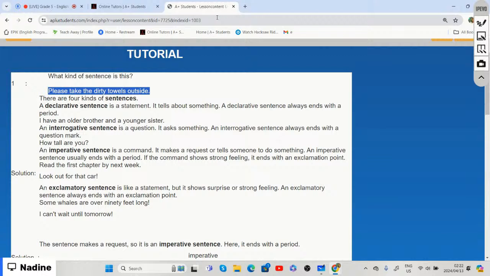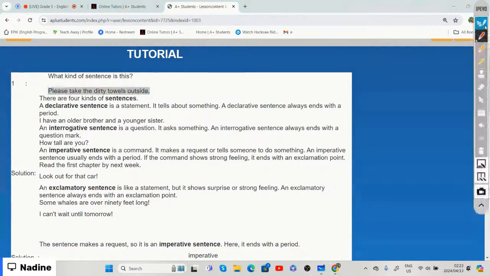So if we say, please take the dirty towels outside, then that is imperative because this is actually a command. So that is why I was saying, even if somebody just subtly tells you to do something, then that is a command. Like take out the trash, please take the dirty towels outside, fold the clothes, clean your room, right?